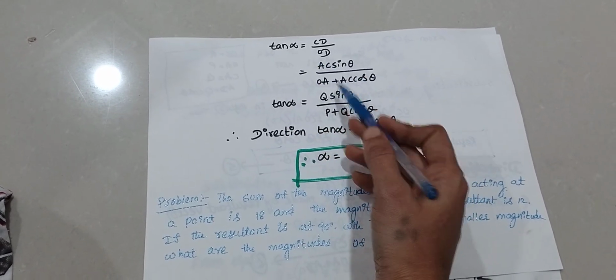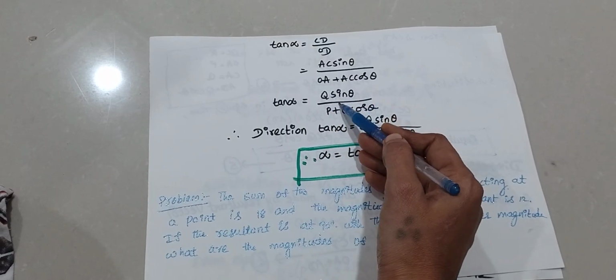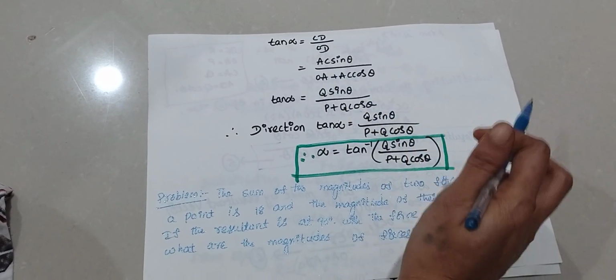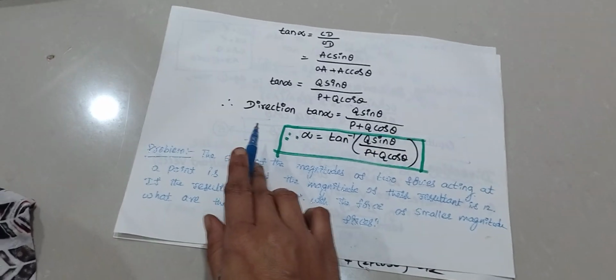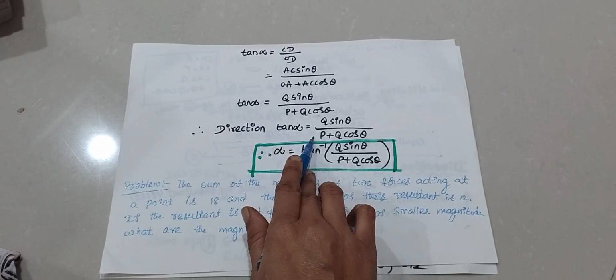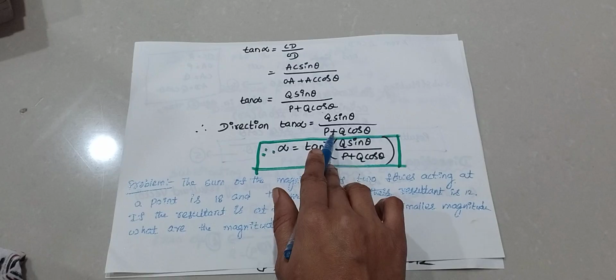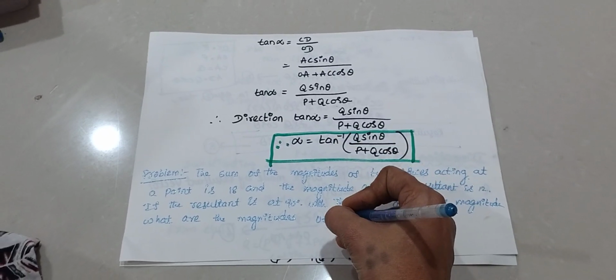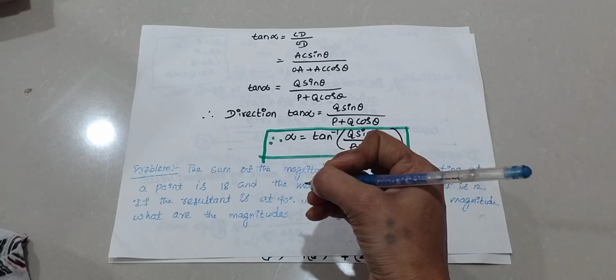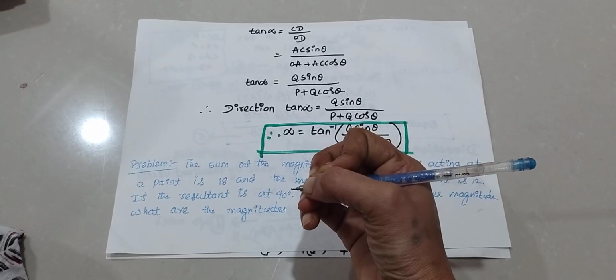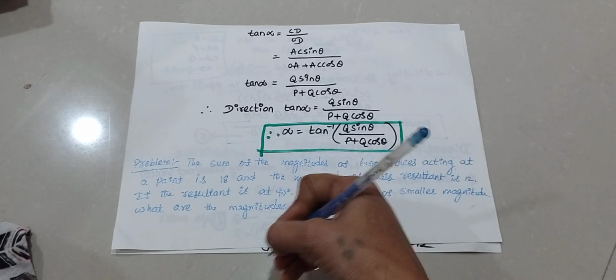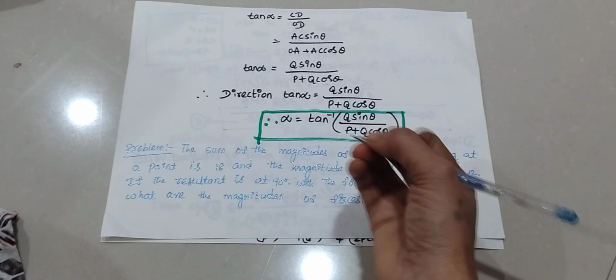AC means Q, OA is P. Tan alpha is equal to Q sin theta by P plus Q cos theta. This is the direction of the diagonal of the parallelogram.